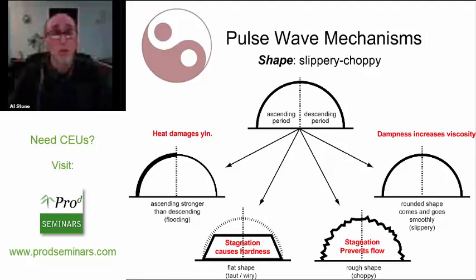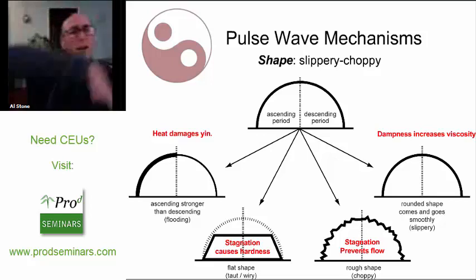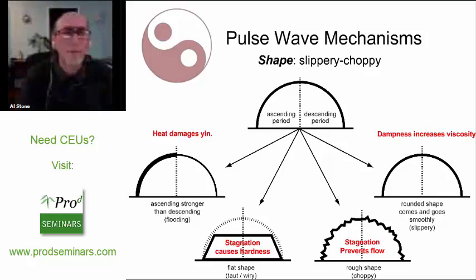A lot of pulses are pathological in regard to how they rise and drop. For instance, if we go to the left hand over here, this is that surging or flooding pulse that we find in the Yangming channel disease of the Shanghan Lun, or the qi level heat of Wenbing, or if you want to call this lung and stomach heat in Zangfu syndromes, that's fine too.